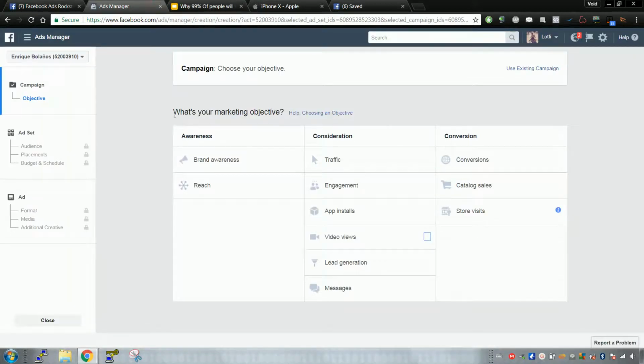So overall, you have to decide the best marketing platform, and then you've got to decide the marketing objective. After you've decided the first one that is going to be the best way to start out, then you'll have to move on to more objectives. For example, if you're testing out, you might do engagement and traffic, and once you've got more engagement and traffic, you might move to video views and messages or leads.